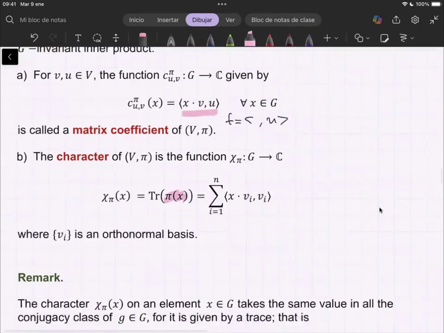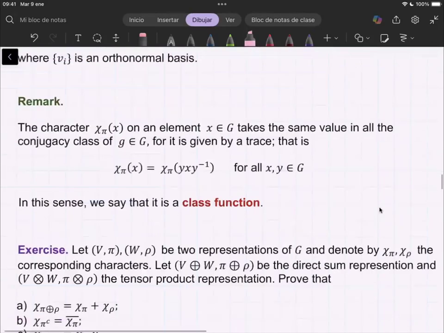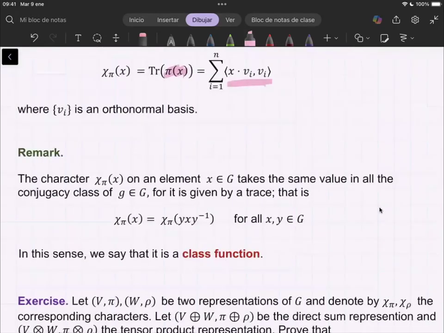So in our case, the character is given by the sum of these inner products. This is just taking the elements of the diagonal of the matrix pi of x, as in any trace. So the characters are given by traces.